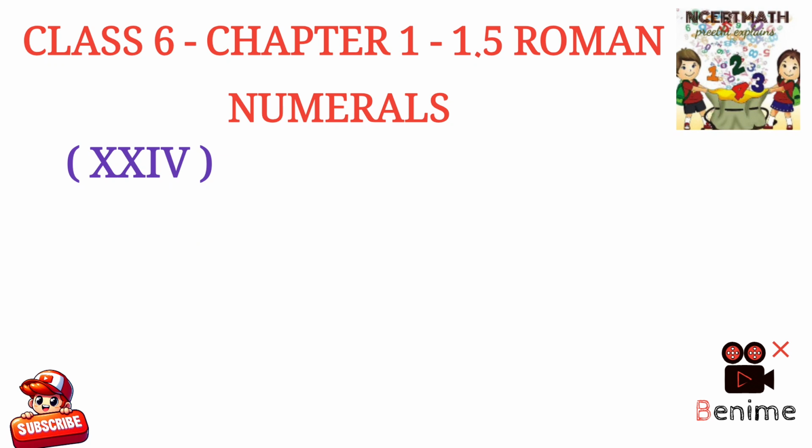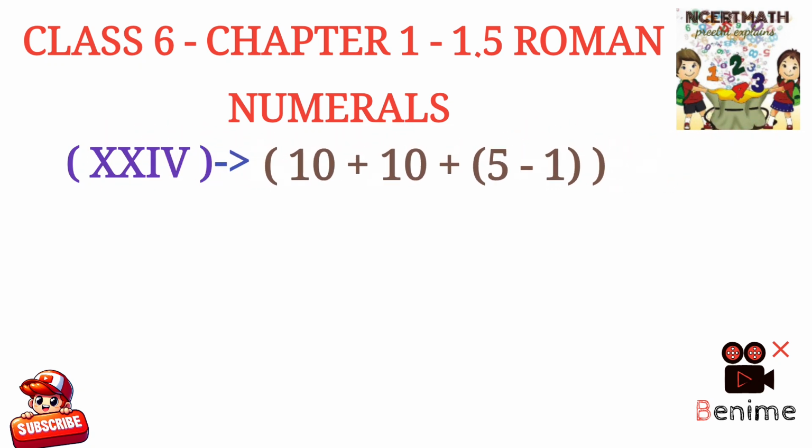For example, I have given XXIV. X means 10, 10 plus 10, then plus IV. In IV, you find the V symbol right next to I, so I is lesser than V.